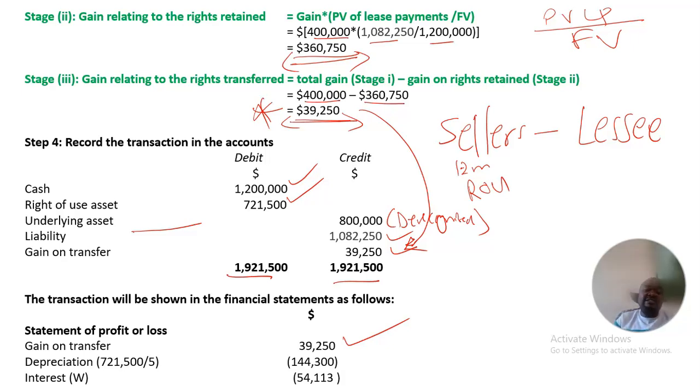Then the right of use asset is going to be depreciated like another asset. We are going to do depreciation accounting, and it depends on the question.